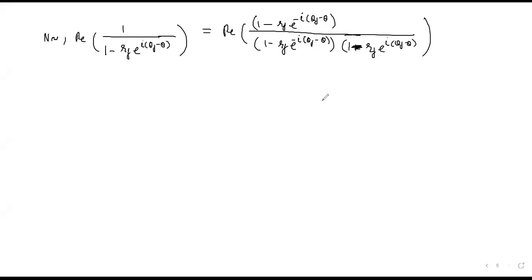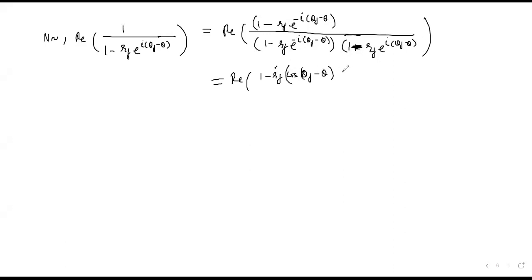So that's fine. So just multiply it, and you can write it as real part of 1 minus rj, I think it would be cos of theta j minus theta. Of course, यहाँ पे minus है.